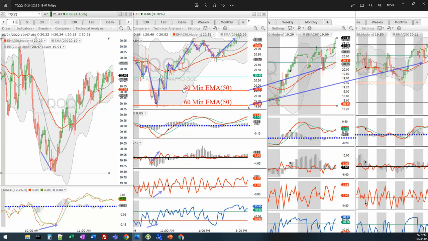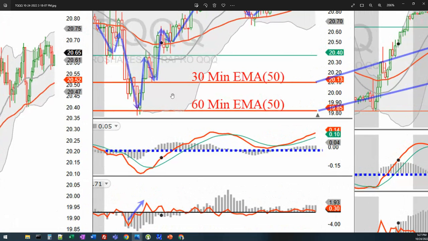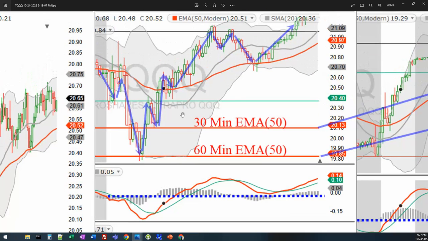That's why I bought. Oh, by the way, I don't think I ever explained. My entry points today were here and here, because according to my trading rules, I need to see it come up, backtest, close candle bodies above the EMA, and then go up.